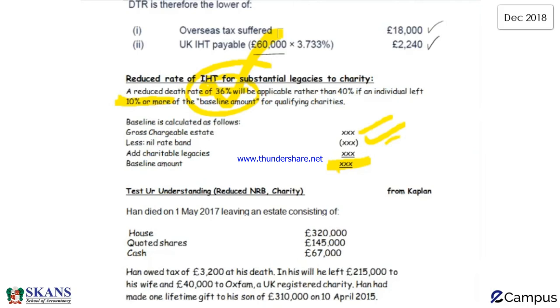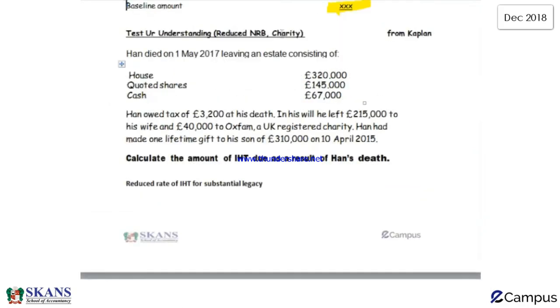For example, Han died on 1st May 2017, leaving an estate consisting of house, quoted shares, and cash. Han owed taxes of 3,200 at his death, and in his will, 215,000 to his wife, 40,000 to Oxfam, a registered UK charity, and had made one lifetime gift to his son of 310,000 on 10th of April 2015.